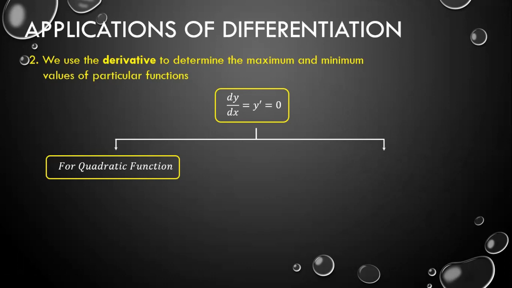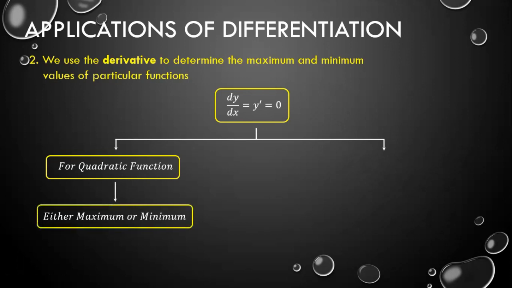For the quadratic function, either maximum or minimum. Once again, students, for a quadratic function, when the first derivative equals 0, we'll find either a maximum or minimum point.